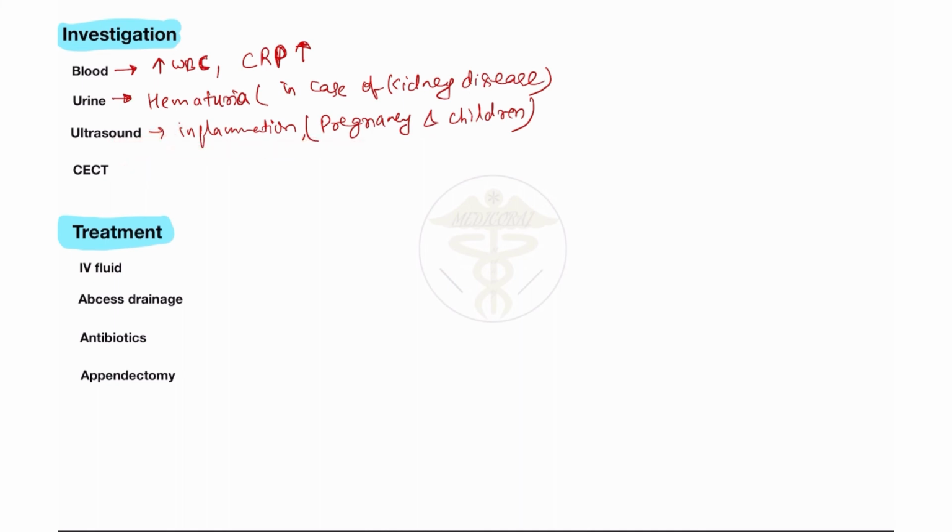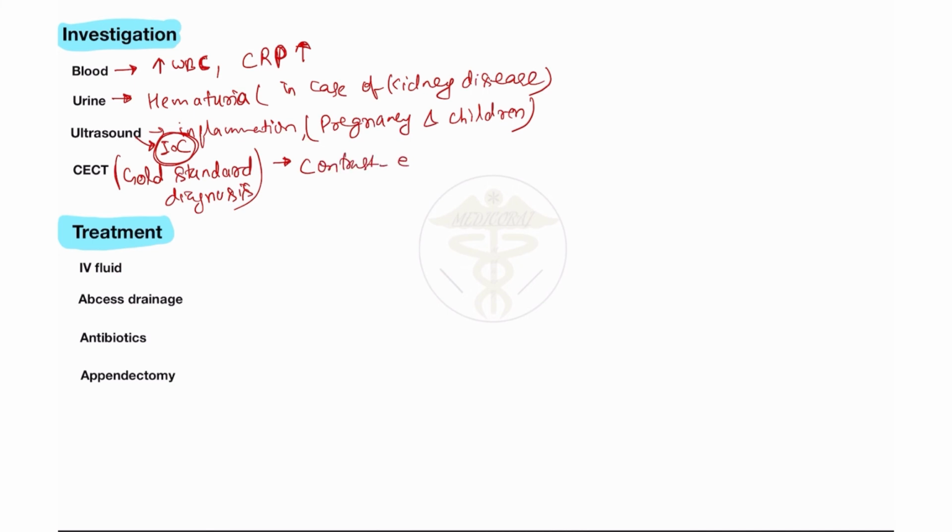CECT. What is CECT? This is the gold standard. When in the examination they ask what is the investigation of choice for acute appendicitis, it is the ultrasound, and the gold standard diagnostic method is CECT. What is the full form of CECT?